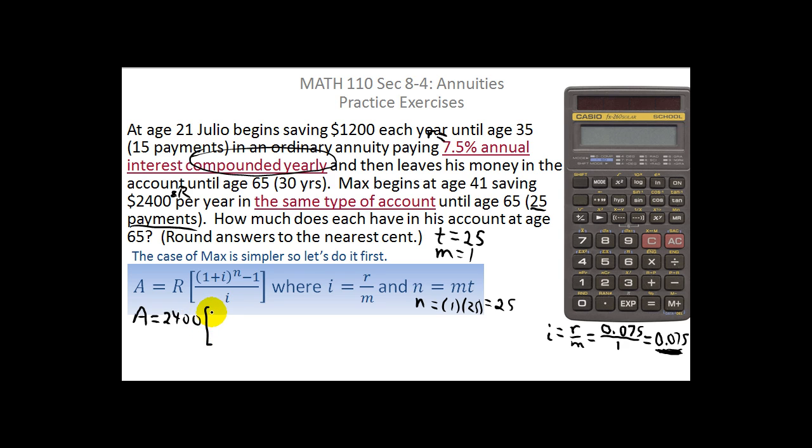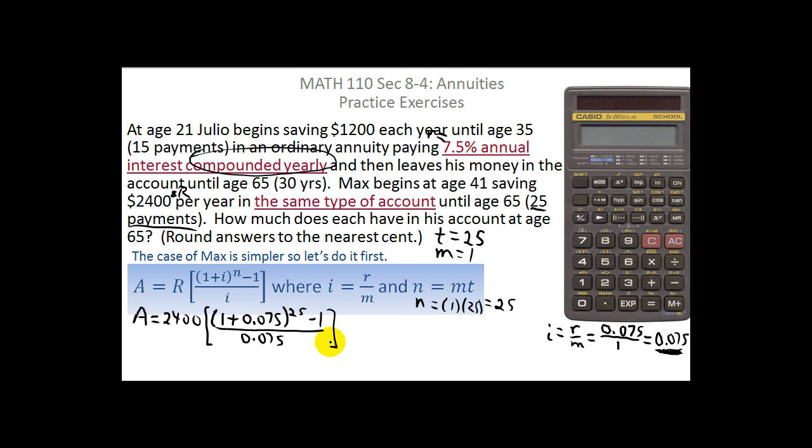And I've already calculated little i. Actually, it was given to us, but you can see where I did the calculation. 1 plus 0.075 raised to the power of N, which we found out was 25, and then take 1 away from that quantity and divide by little i, which is 0.075.